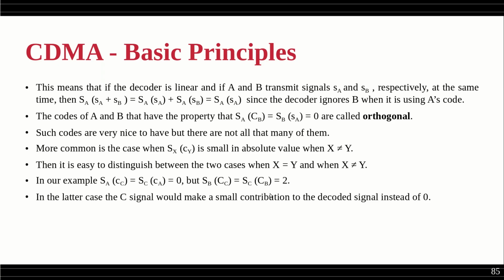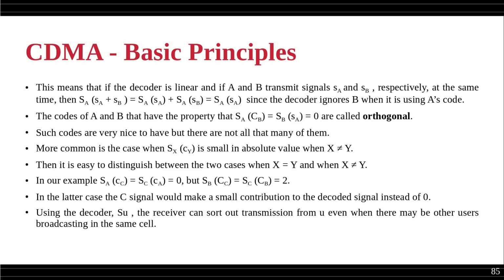In the latter case, the C signal makes a small contribution to the decoded signal instead of 0. A 0 is very easy to eliminate, but a very small value can be filtered, or it will be present in the received signal as very small noise.